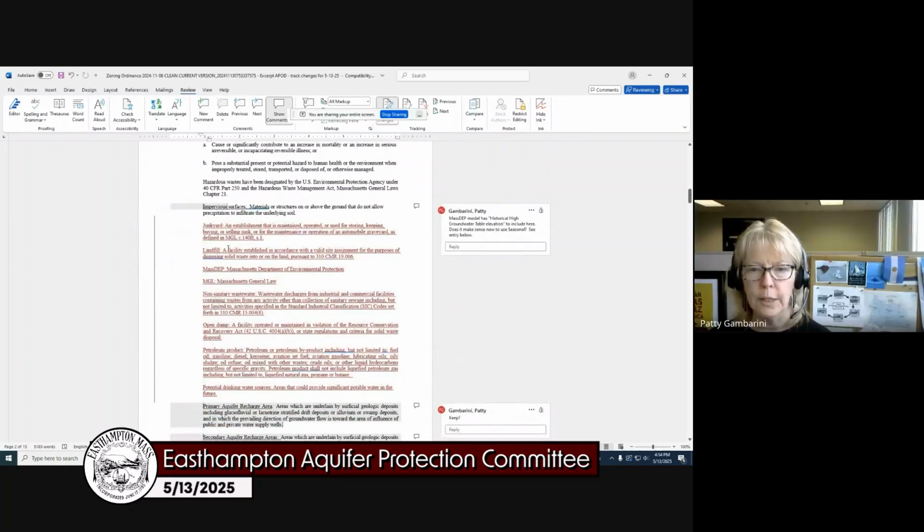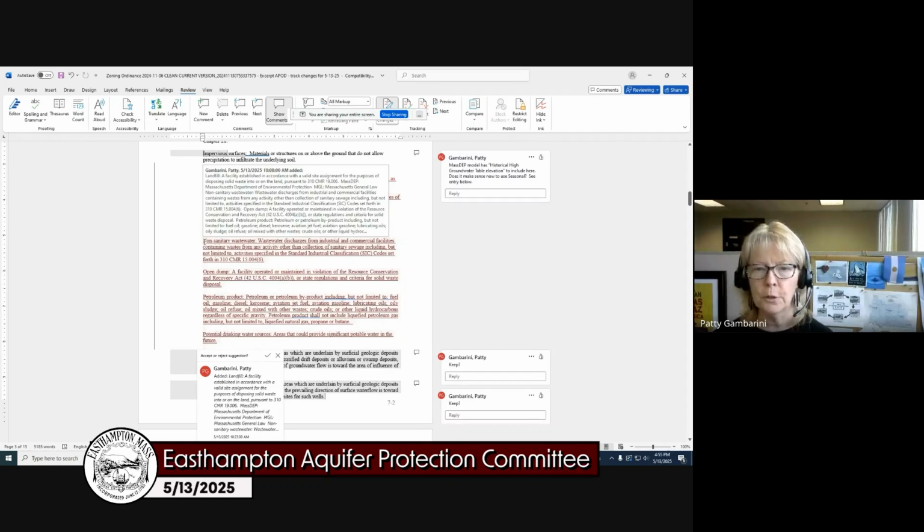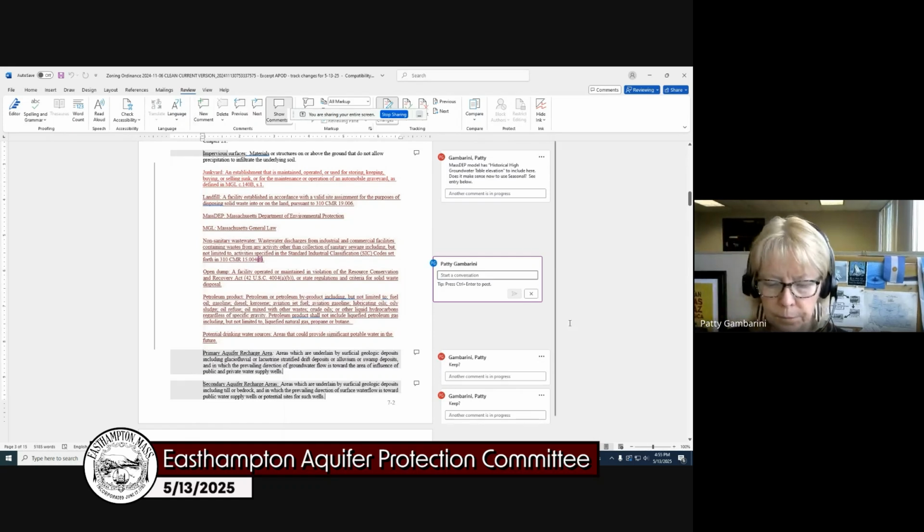And a lot of these are out of Mass DEP's model: the junkyard, landfill, Mass DEP, Mass General Law. There's a lot in here about industrial and commercial uses. And I don't know whether they relate to what is going on in the Zone 2 for Easthampton. So maybe that's a question mark, that one.